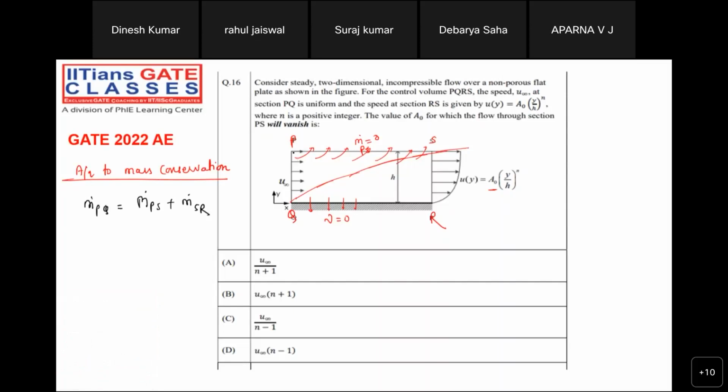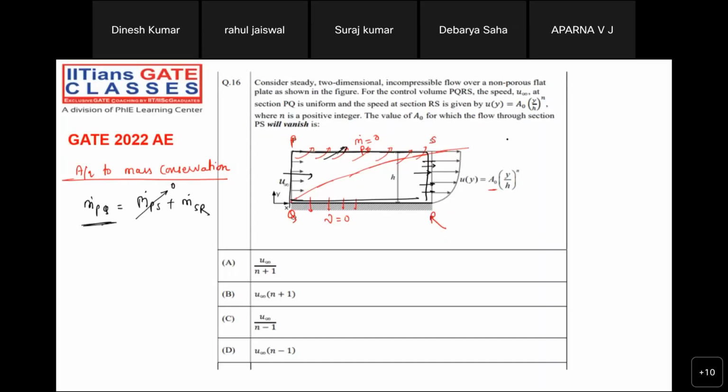If you just observe this control volume, whatever is coming in must be equal to whatever is going out. But in this question, the mass flow rate through section PS will be 0. That means the mass flow rate through section PQ must be equal to the mass flow rate through section SR.